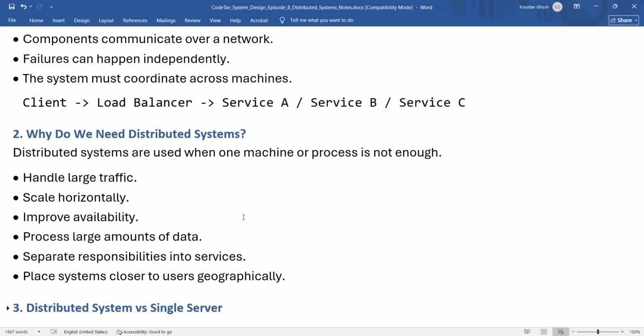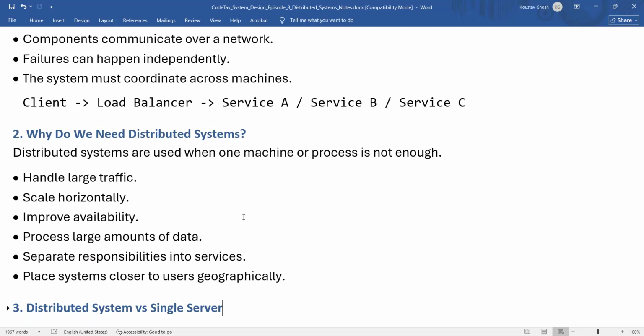Imagine our application becomes very popular. Suppose initially we have 1000 users and one server may easily handle that traffic. But later we have 10,000 users, then 1 lakh, then 1 crore. At some point, one machine may not be enough, right? So we need multiple machines to handle and serve those requests.